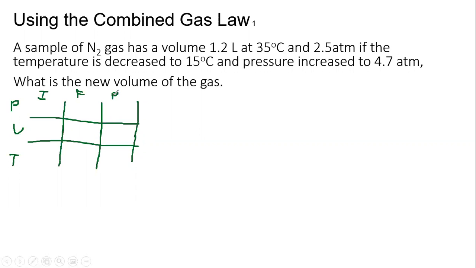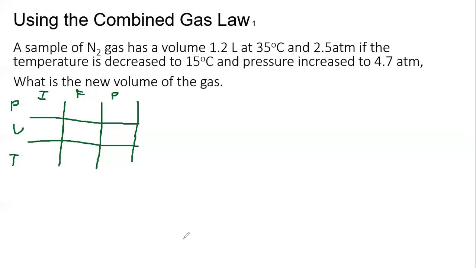Now here, sometimes the prediction can be inconclusive if two of the variables that are changing have opposite trends. So what that means is, if pressure is increasing and volume is increasing, well, they don't go together. So then therefore, to predict temperature would be inconclusive.